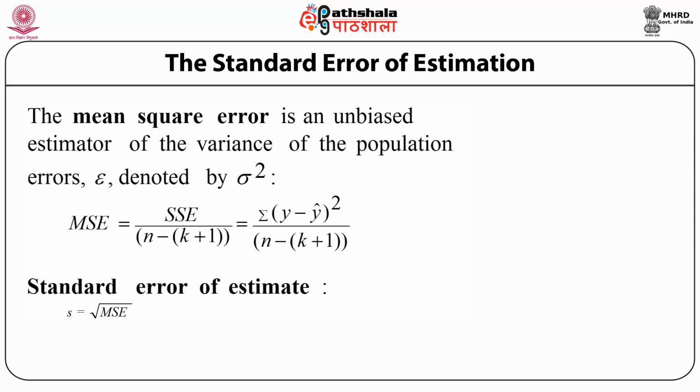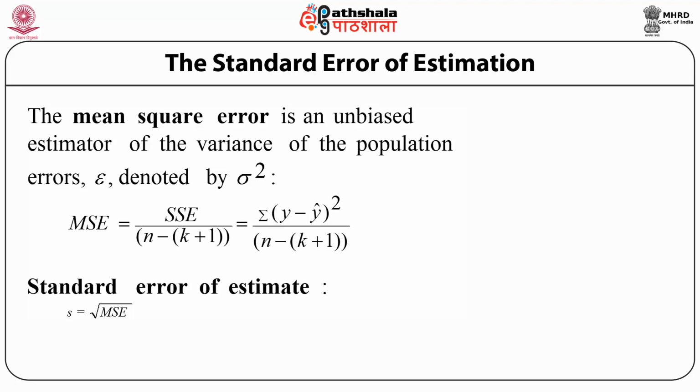Now standard error of estimation is again a very important parameter of the appropriateness of the suggested regression model. Here mean square error is an unbiased estimator of the variance of the population error that is denoted by sigma square. So mean square error is equal to the sum of square of the error divided by the degree of freedom.